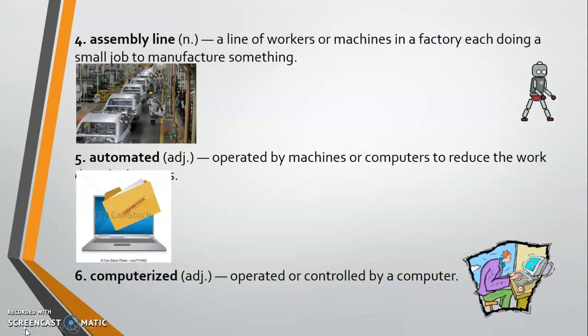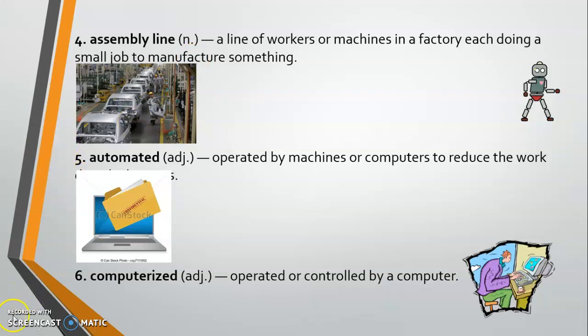Now let's continue with the next. Assembly line. That word is a noun. A line of workers or machines in a factory each doing a small job to manufacture something. Look at the picture. You can see an assembly line with cars. The men are doing their jobs.